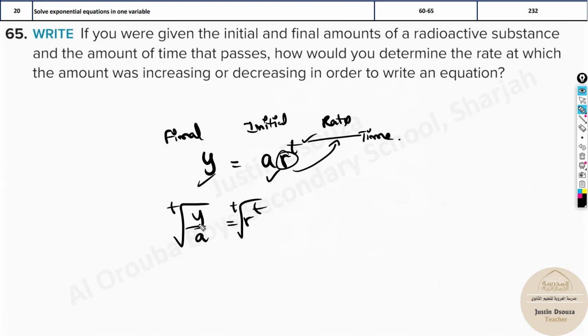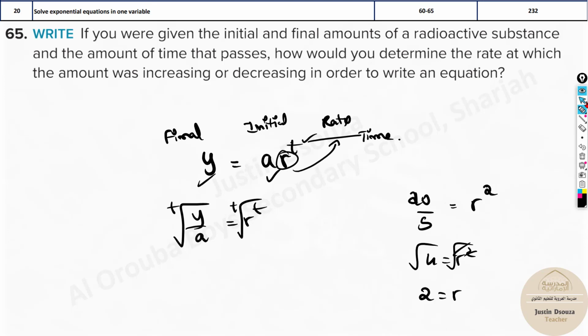Now imagine you had been given, say, final amount 20, initial amount 5, and the rate unknown, with the time as 2. So I first find 20 by 5, which is 4, equals r squared. Now I take the square root on both sides. This cancels. The answer is 2 equals r. This is what I'm doing. The root must be taken of this term.